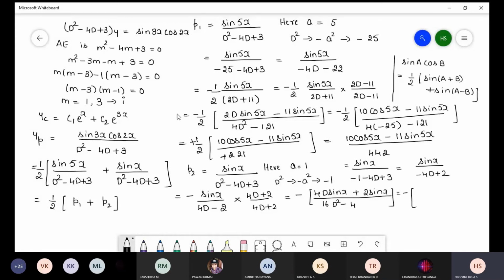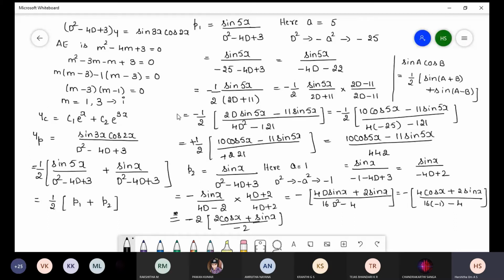So 4 cos x plus 2 sin x divided by 16 minus 1. D square is replaced by minus 1. Here minus 4 I will write as it is. So minus 2 I will take common from the numerator. So minus already we have here. So minus 2 into 2 cos x plus sin x divided by minus 20.